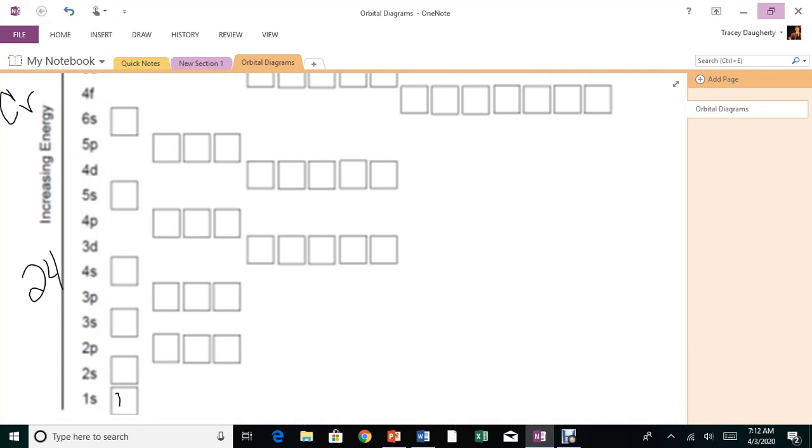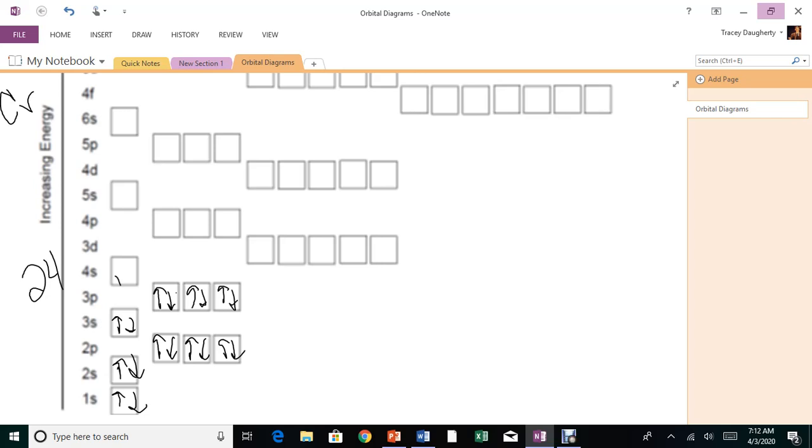So we have 1 up arrow in the 1s, down arrow in the 1s, 2s has 1 up, 1 down, 2p starts all up and then down, and then the 3s has 1 up, 1 down, 3p, one up in each box first, and then a down arrow in each box.